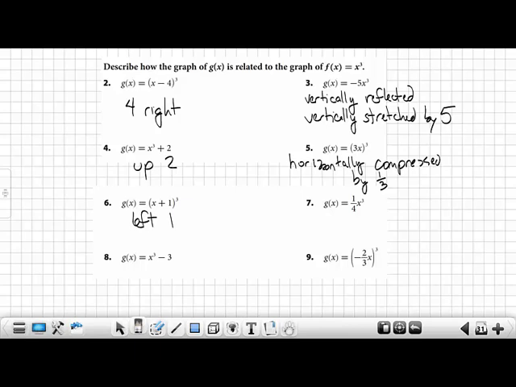Nope. Vertically. Why is this one vertical? You tell me. It's on the outside. How do we know it's on the outside? There are no parentheses. Riley, you've got number 8. The down 3.